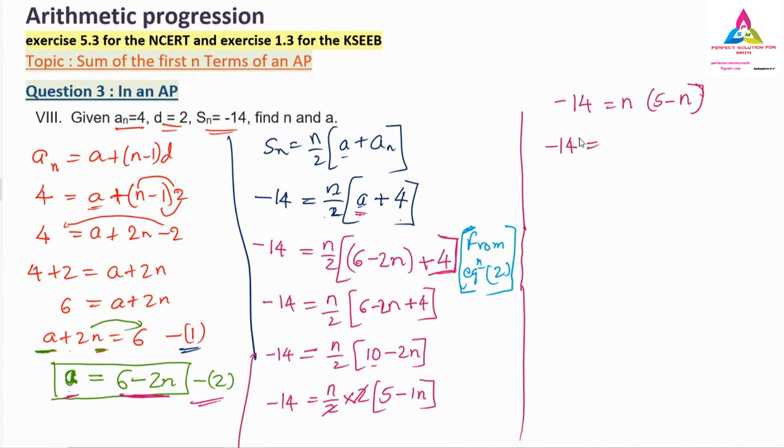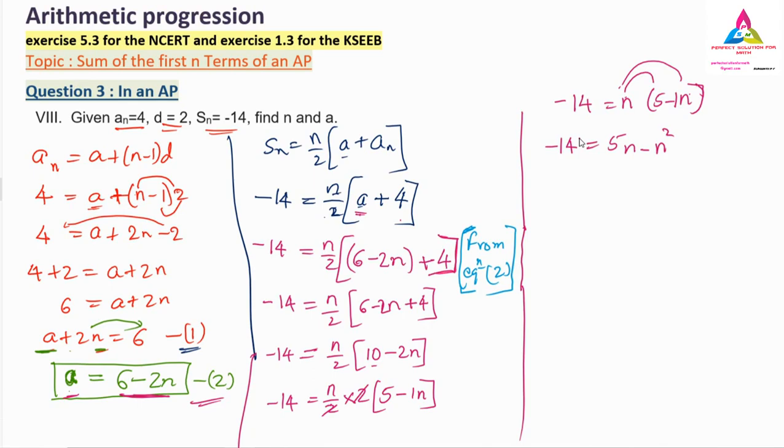Now this n we have to multiply on both sides. Here you see this 1n it is actually, but I have written only n because 1 into n is n only. So n into 5 is nothing but 5n. Then we have minus, 1 we can write or leave because 1 into n is n only. So n into n, that is nothing but n square.